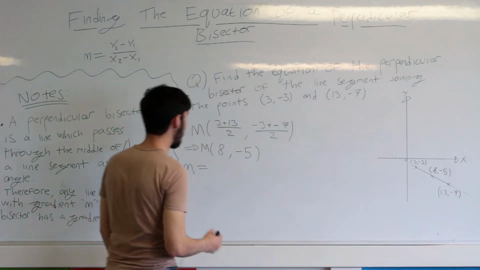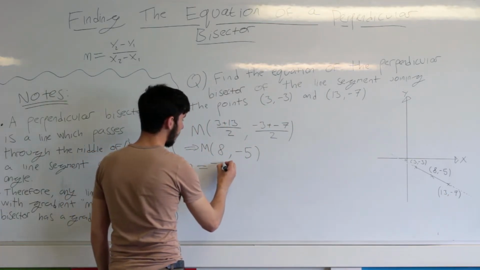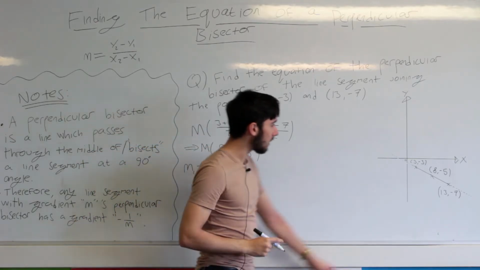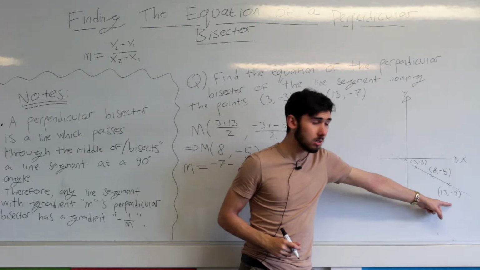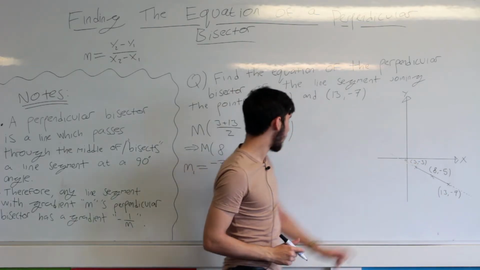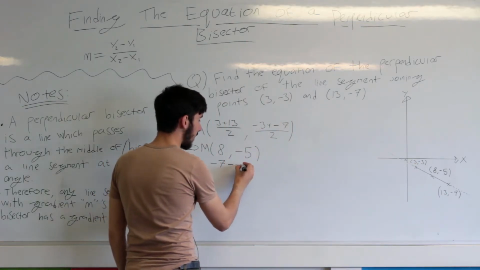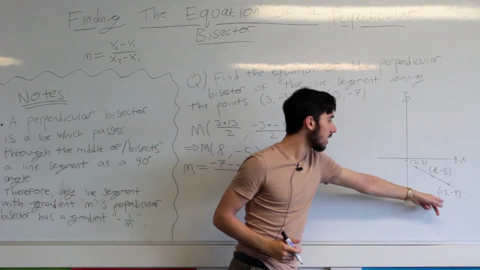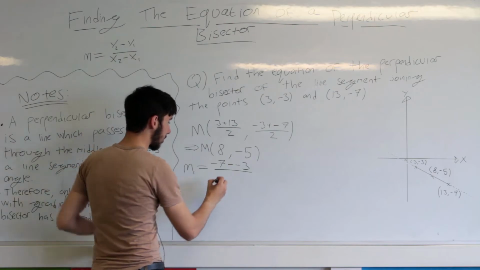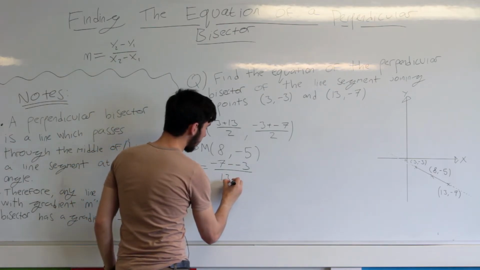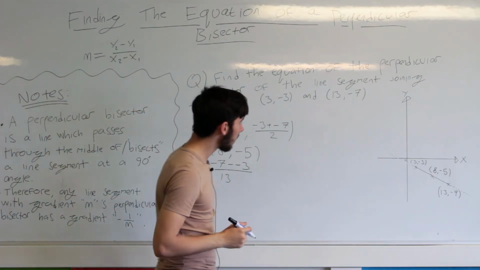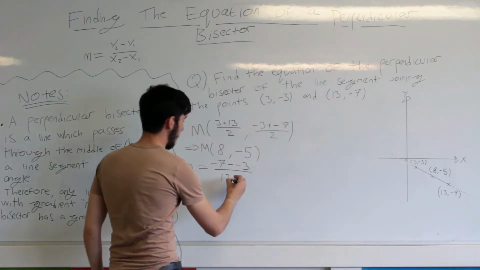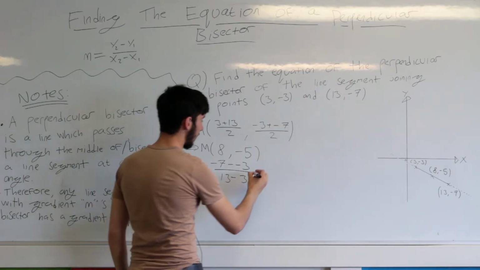We just substitute in. So y2 is minus 7. Again, I do have 2 videos on this. And so we have minus 7 minus y1, which is minus 3. So minus 3 divided by the change in x. So x2 is 13. Again, all we're doing is just using this formula up here. And then we have 13 minus x1, which is 3. Just like that.